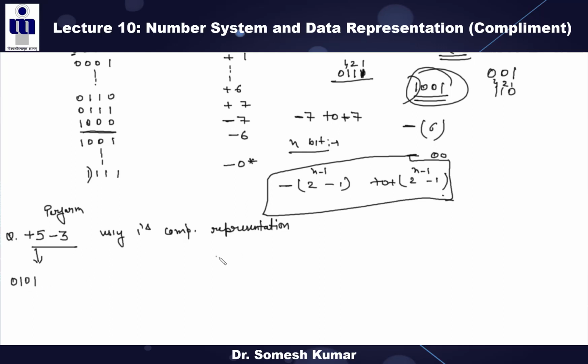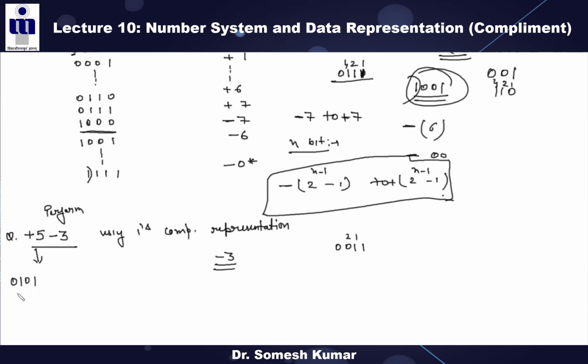And how can you represent minus 3 in the 1s complement, right? So first you have to write the plus 3, then take the 1s complement of this. And what is the plus 3? 0, 0, 1, 1, right?